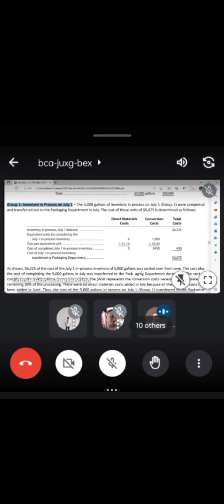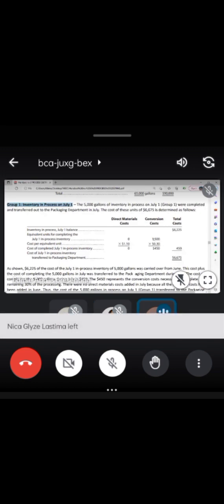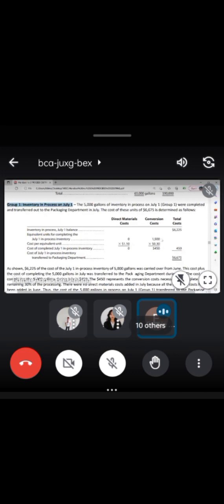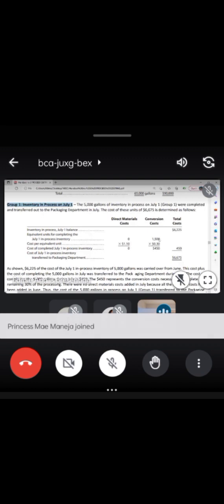Okay, 1,500. That 1,500 comes from 5,000 times 30%. Katong 30%, gi-multiply na to kay 30% na lang ang kulang niya. Okay, di ba 70% complete naman ni siya.